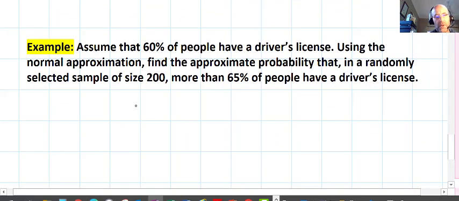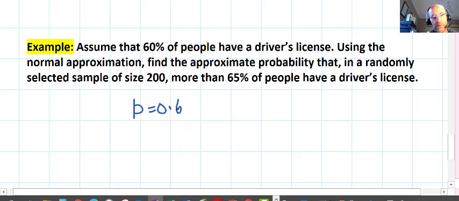So without having to use technology now, we can quickly see that for 60% of people who have a driver's license in a certain population, using the normal approximation, find the approximate probability that in a randomly selected sample of size 200, more than 65% of people have a driver's license.